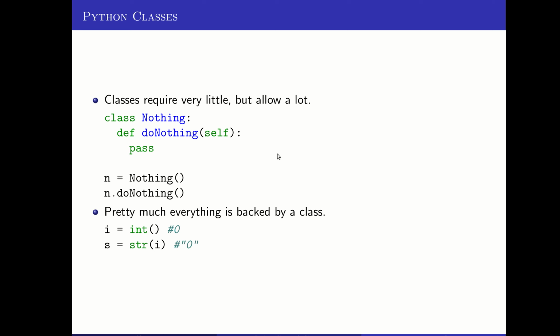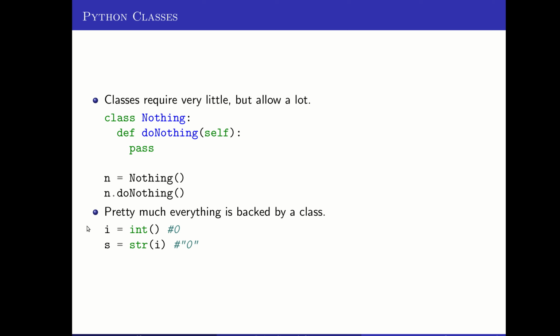So when I tell you that everything is an object in a pretty true sense in Python, it's going pretty far. Here I've defined an integer, and there's actually a class backing integers, and it has a constructor. That constructor by default constructs an integer with the value 0.